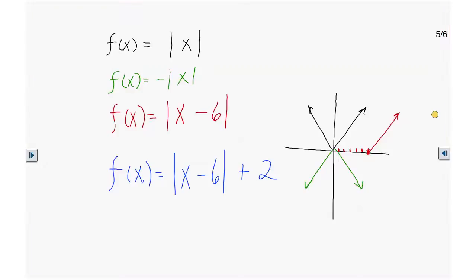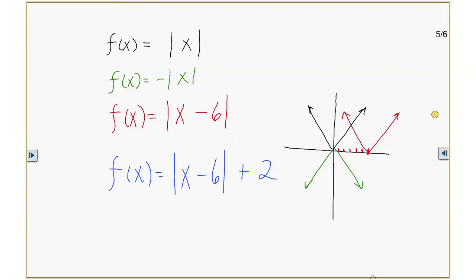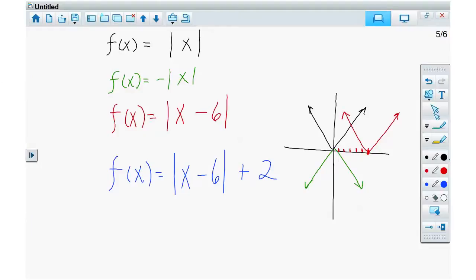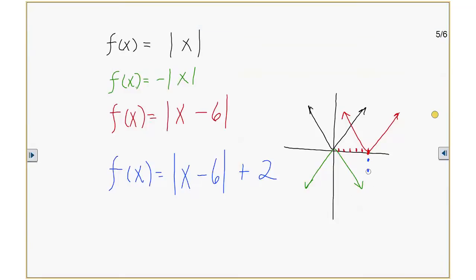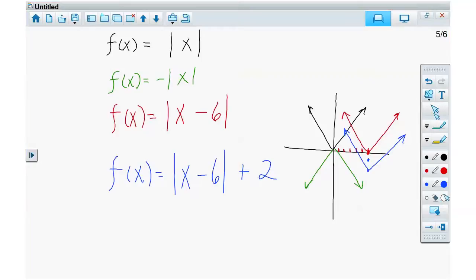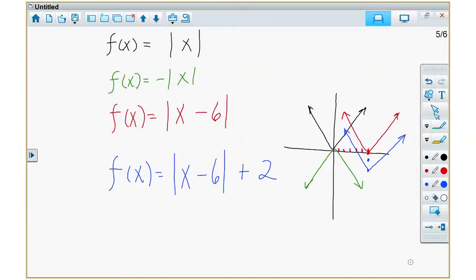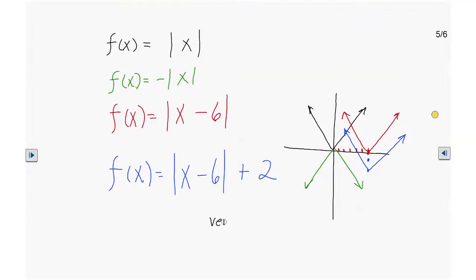And then the blue one looks like the red one, only it's got a vertical shift of what? So the vertex of the blue one is 6, comma, what?